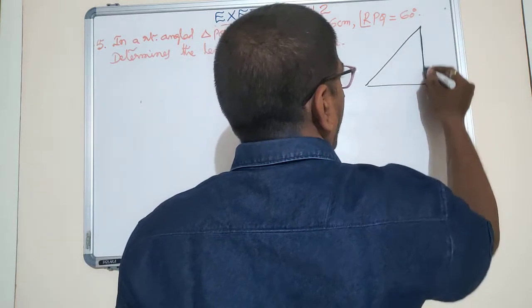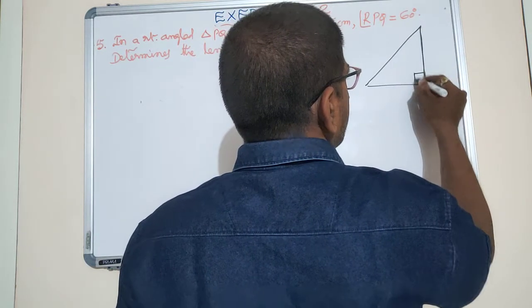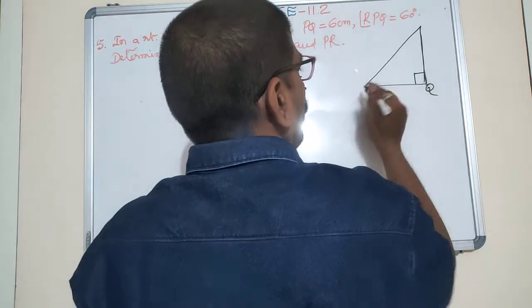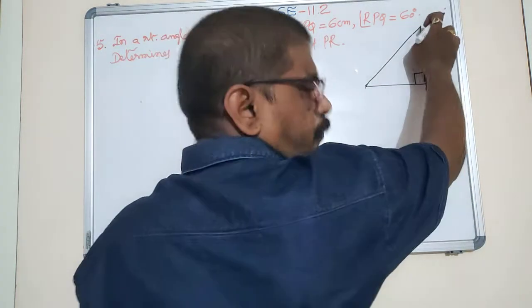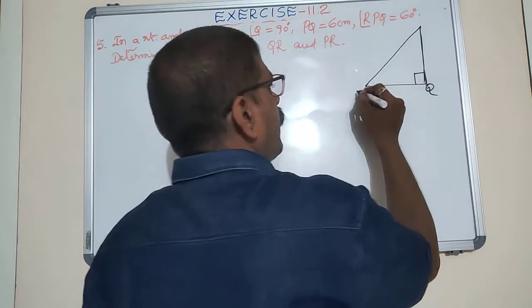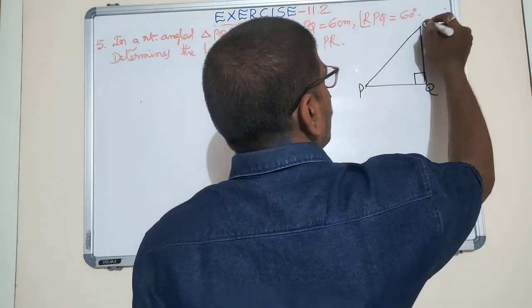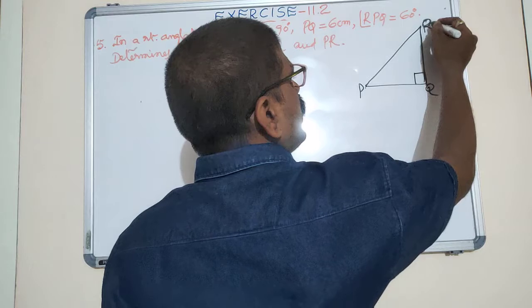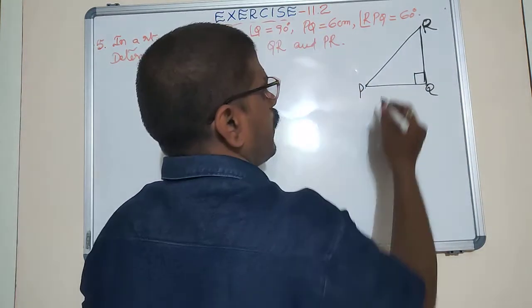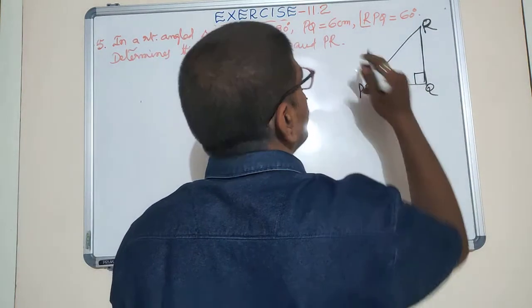Now this is angle Q, 90 degrees. We can take P, then R. Already Q is given. Now, PQ is given to be how much? 6 centimeters. This is 6 centimeters.